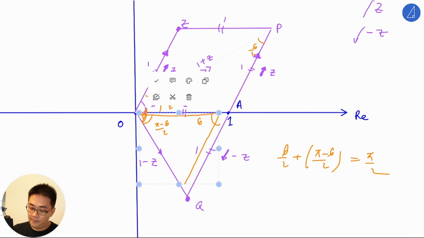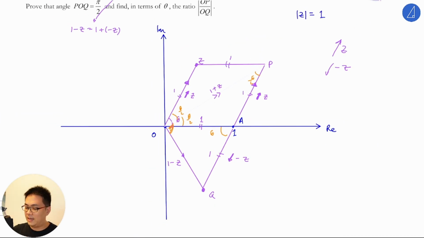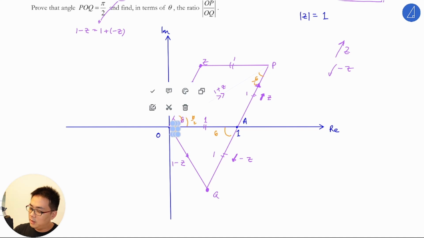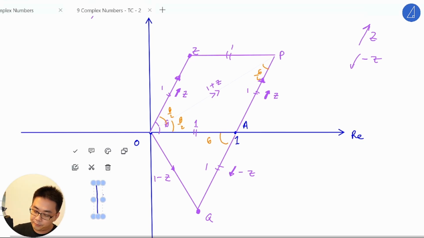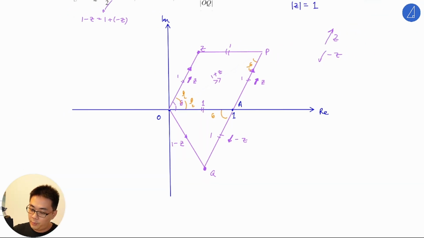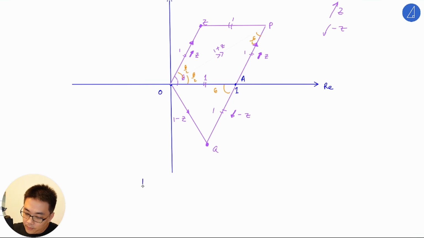Okay, so that's our game plan. So just write something. I know you probably already forgotten the terminologies for proving the angle, but you can just write something, okay? So just write down that from the diagram, more precisely, from the diagram, OAPZ is a rhombus.